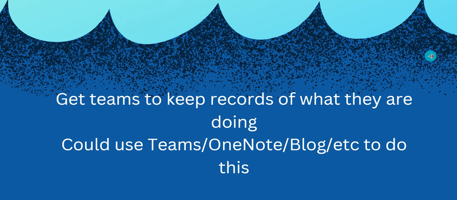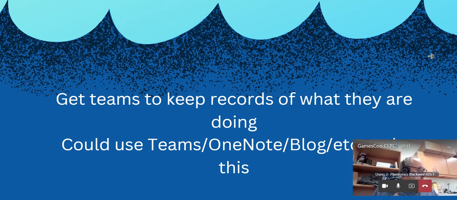So we would encourage you to encourage your pupils to record what they're doing. So you might want to set up a team for them, or a OneNote notebook, or have a blog or something where they'll put all their ideas, record minutes of meetings and things like that, so that they've got this journey that they're tracking from start to finish, because we'll be looking at that during the final.